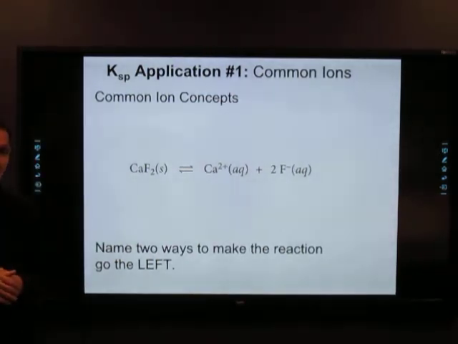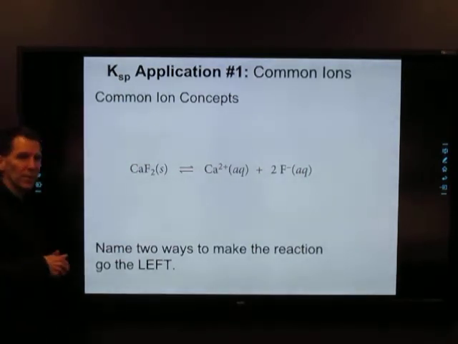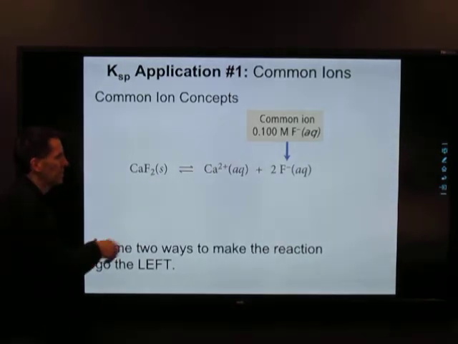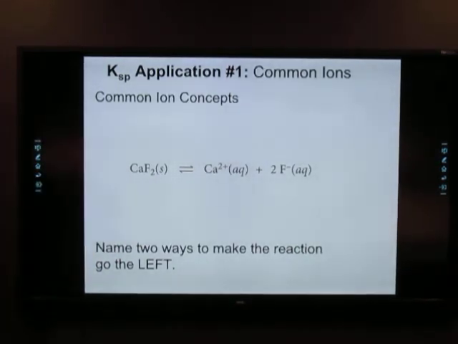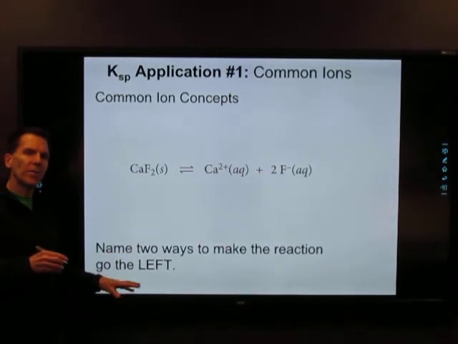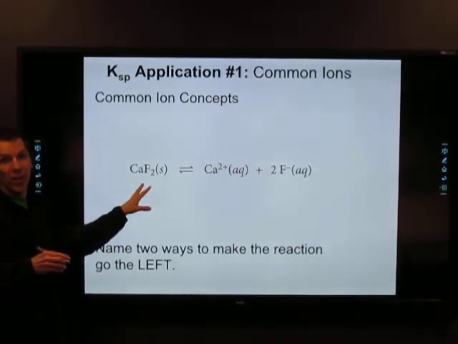I want to make this go backwards. And keep in mind when you think about this, this material is a solid. And so if you want to make this go left, actually removing this would not help because it's a solid.